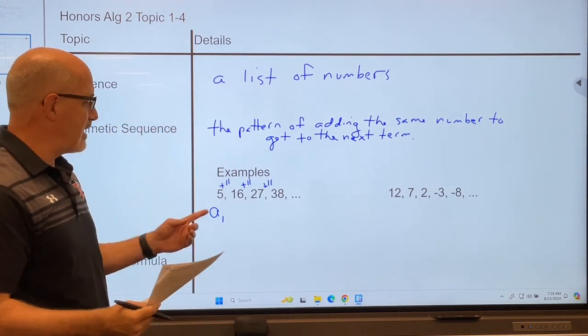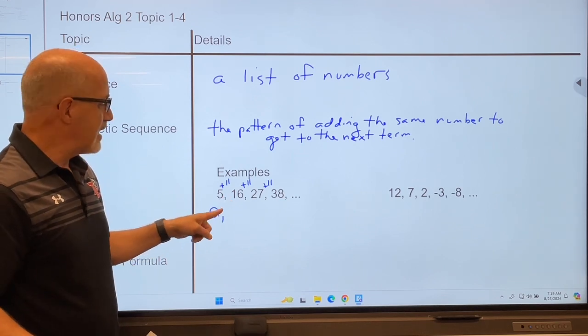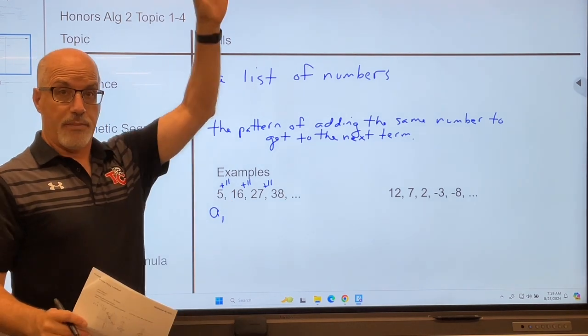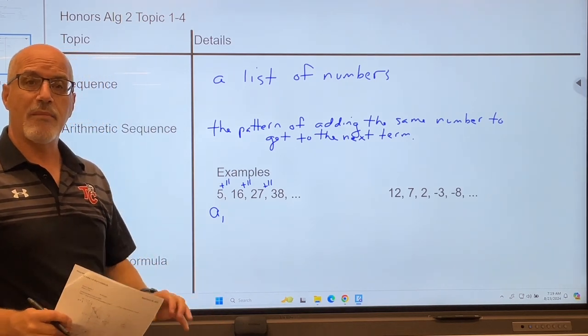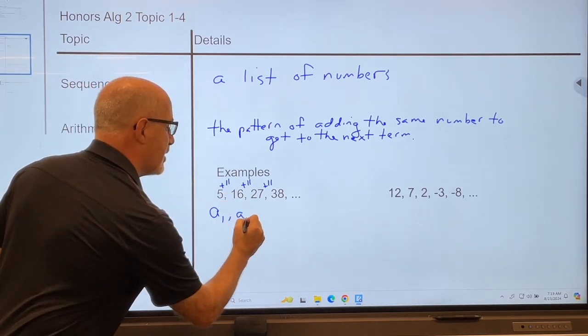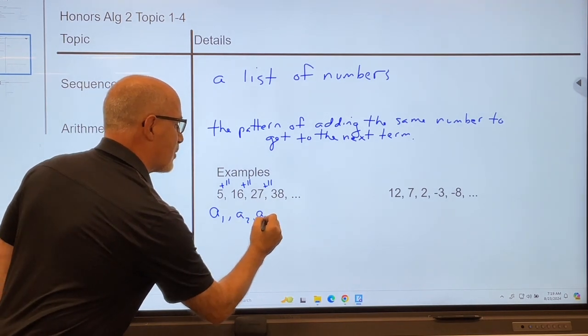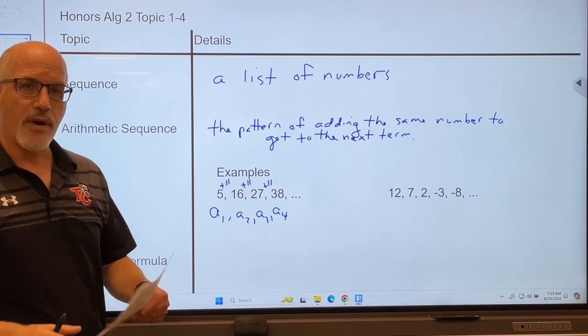This is saying that this is the first term in the sequence. The subscript is instead of a superscript that goes up above, the subscript goes down below to describe what number in the sequence we're at. So this would be A sub 2, this would be A sub 3, and this would be A sub 4, etc. And then we'll go on from there.